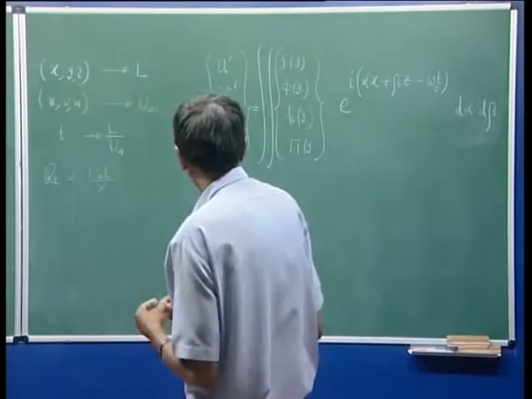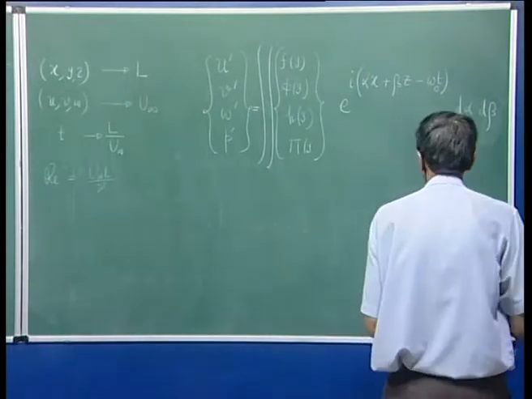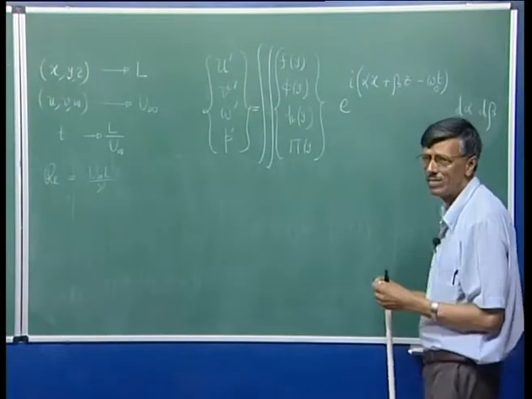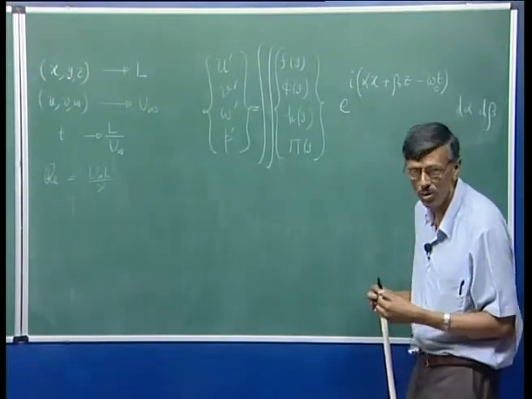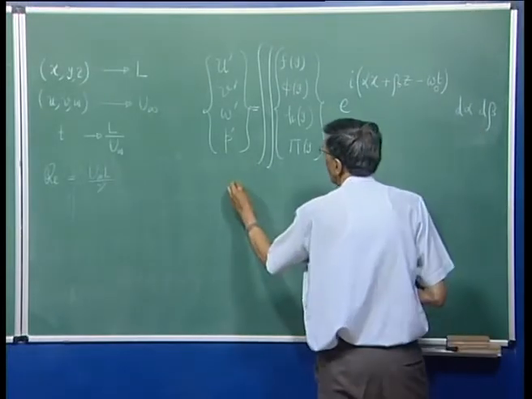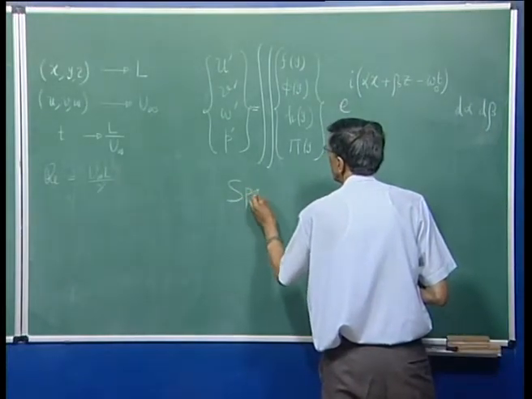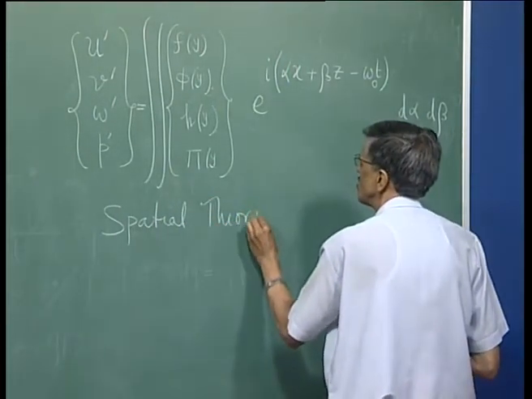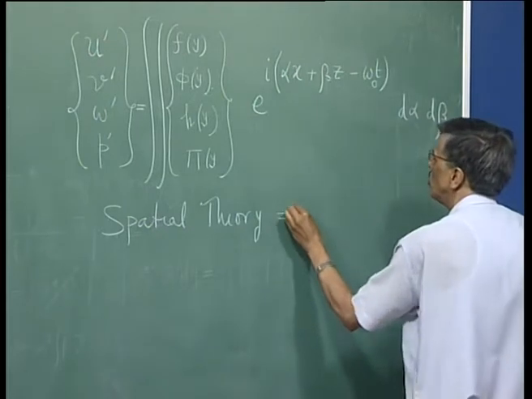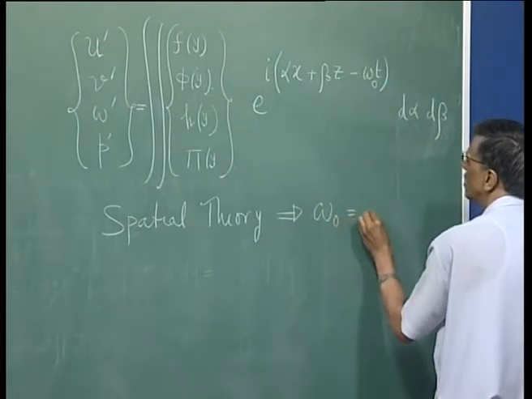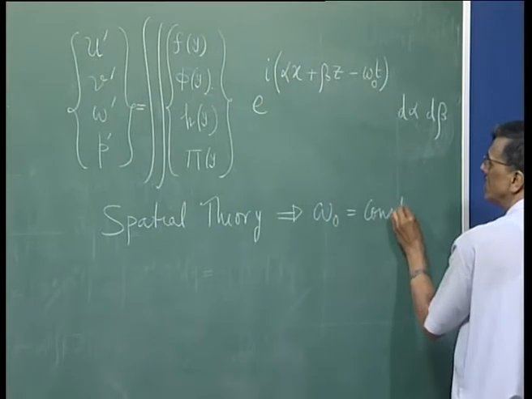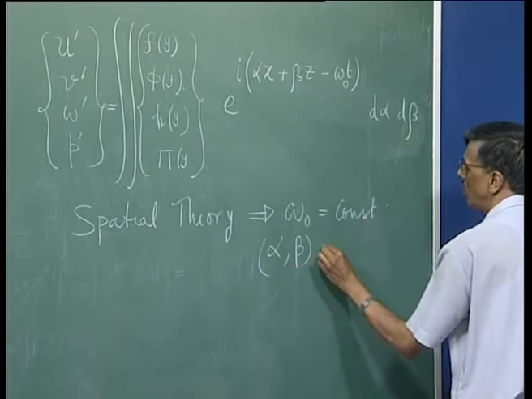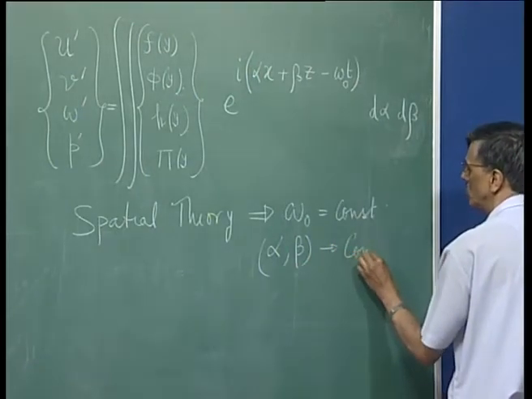We will do that, and then we are going to talk about alpha and beta as complex. That will be your spatial theory, right. So, we are looking at spatial theory, which corresponds to omega naught equal to constant and alpha, beta as complex.